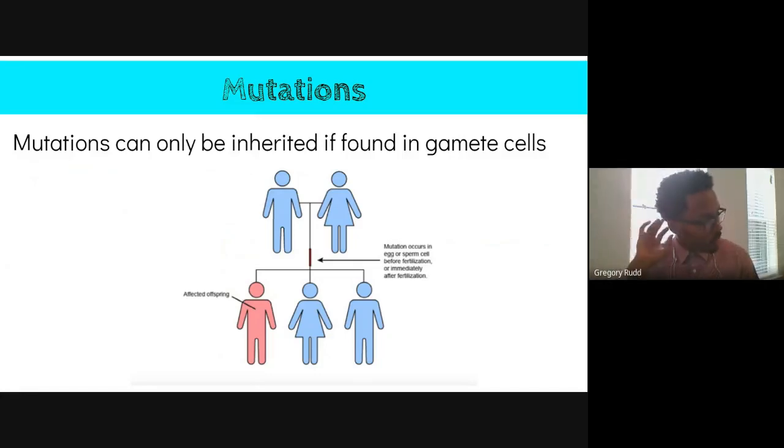Sex cells. Good. Gamete cells are sex cells, egg and sperm. So if the mutations are found in those sex cells, then of course they can be passed on to offspring.